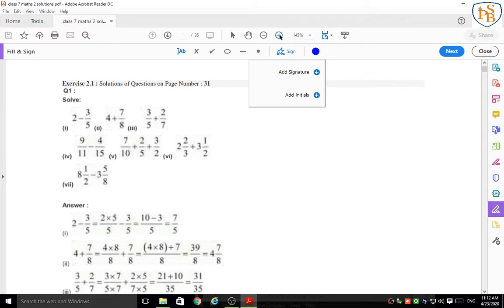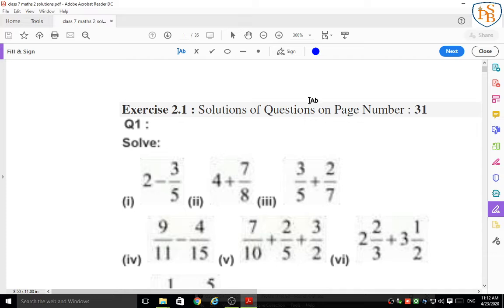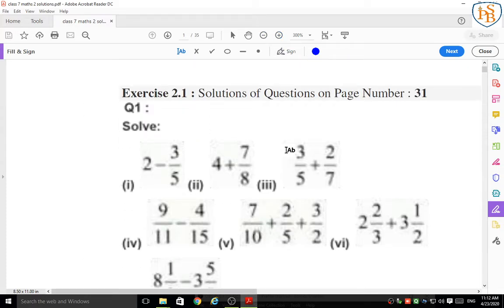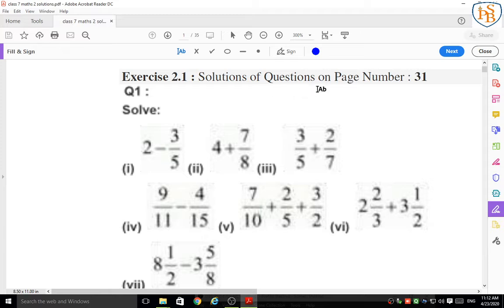Here is our first question. Solution of questions on page number 31. Look at question 1.